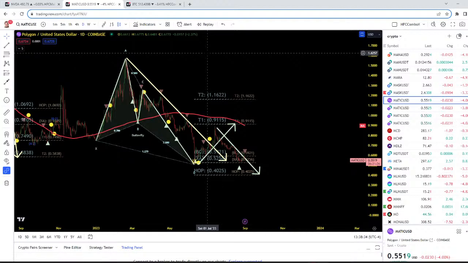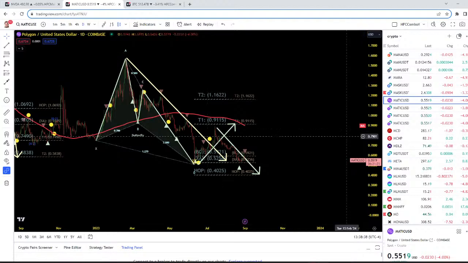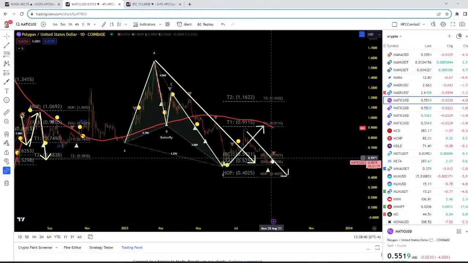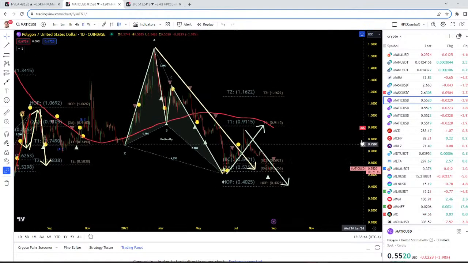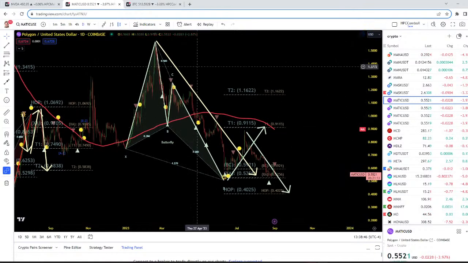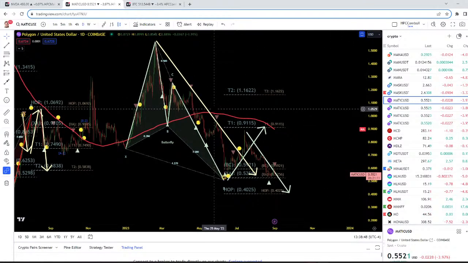I posted on Twitter even before the Grayscale thing that it's not in a place technically where you have confirmed what you need to confirm to start looking at the halving cycle. I'd love Matic at 30 cents, but let's be real, probably 4 cents. Yeah, 4 pennies.